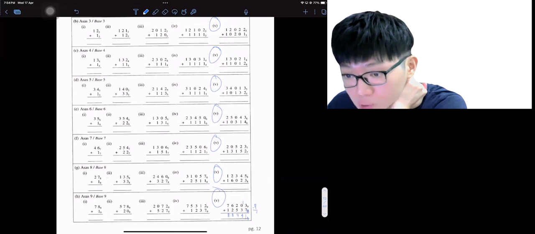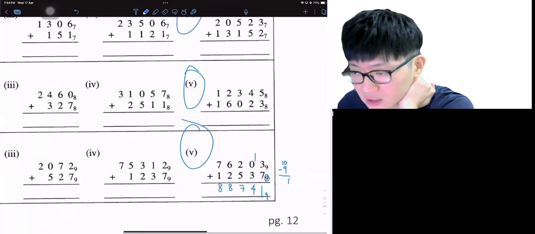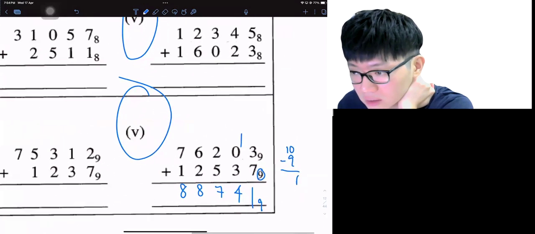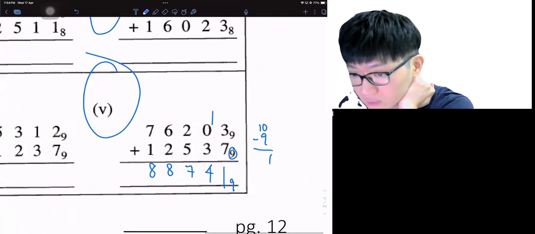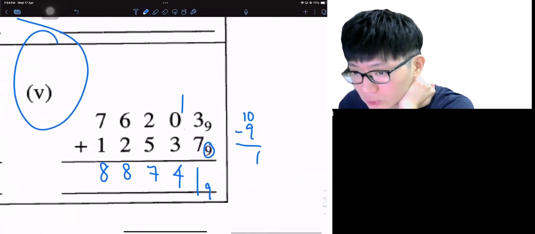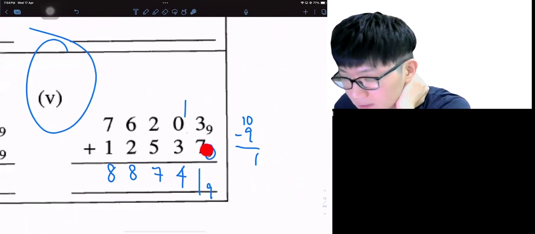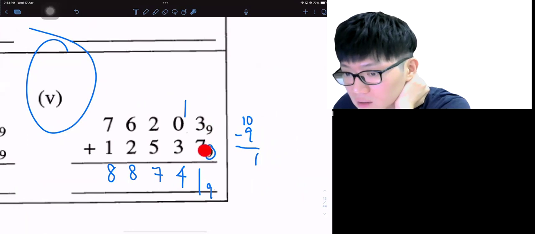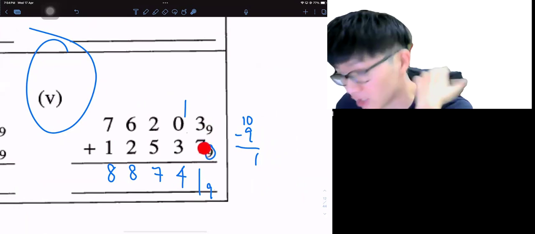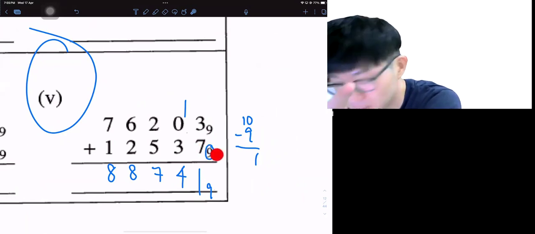Wait, which one? Why did you suddenly mention this one? Okay. It's because 3 plus 7 is 10, but you cannot have 10. This is base 9. When you count until 9, it's supposed to be 10 already.